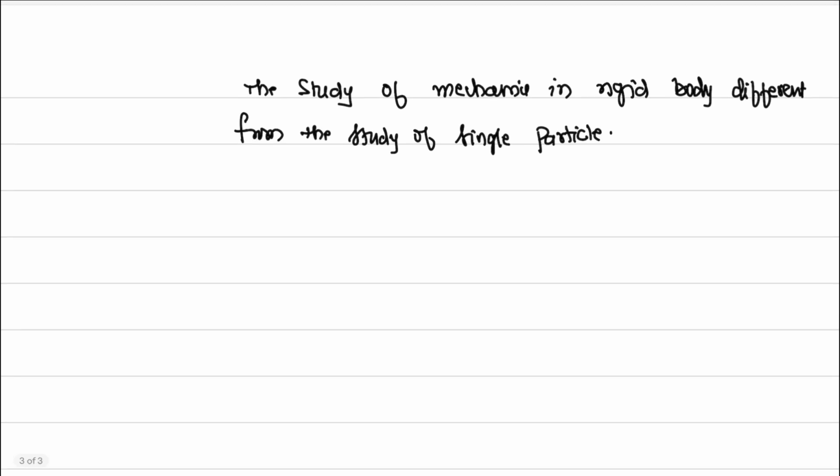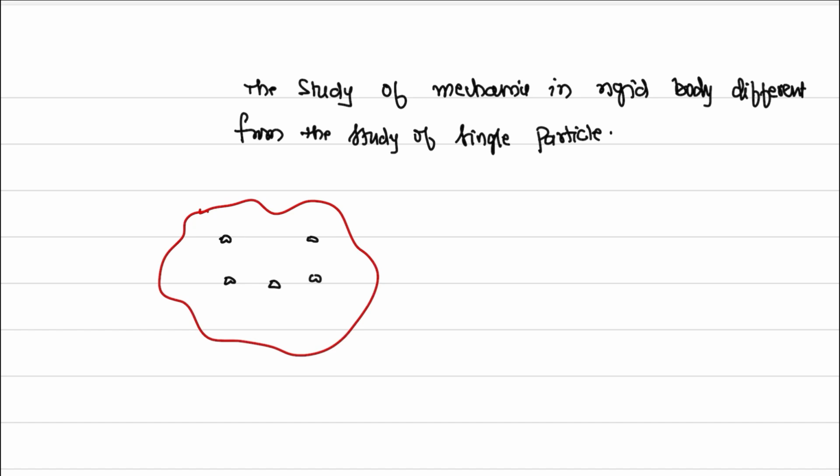Now, in a rigid body, particles are there. Every particle will have a position vector. A rigid body is like this. Please understand this concept, very, very important. There are particles, and these particles have certain coordinates.